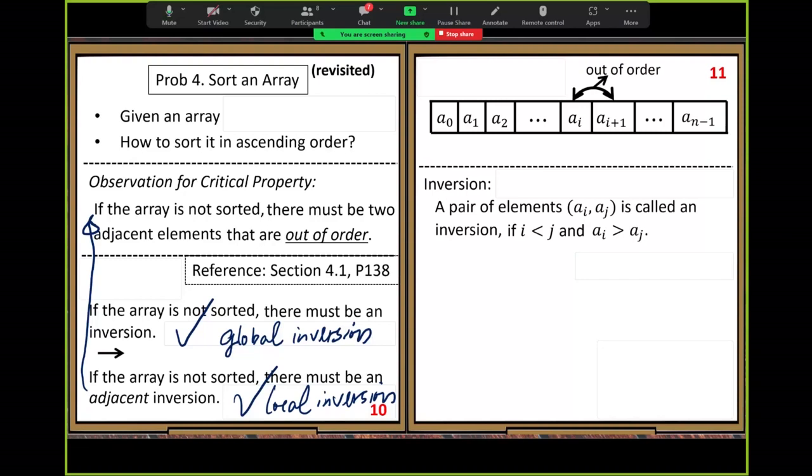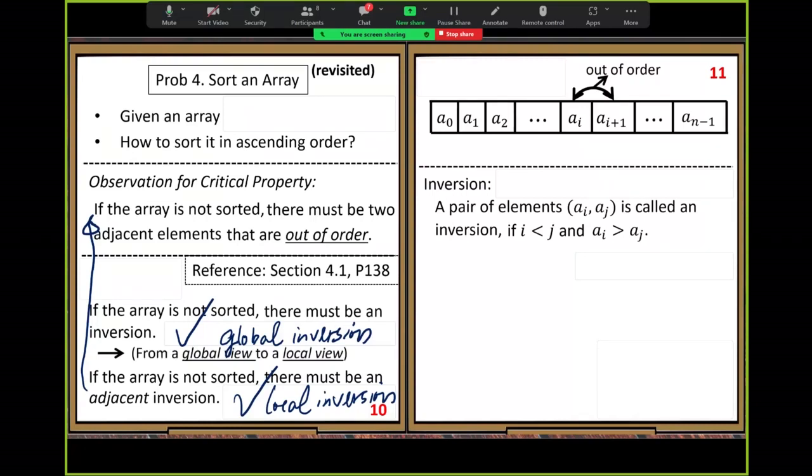If we can remove all the local inversions, then we get it already sorted. That's the solution idea. So let's implement this idea. The implementation is pretty straightforward.